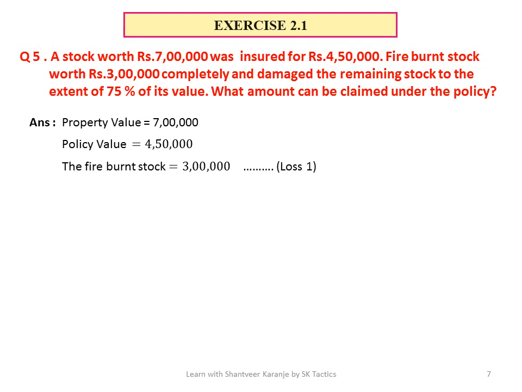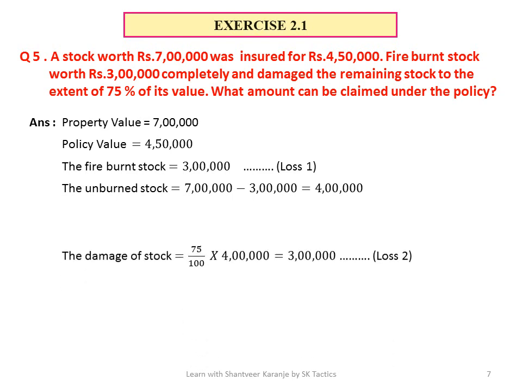We need to calculate loss number 2 also, and loss number 2 is nothing but 75% of the unburned stock. So we need to calculate the unburned stock first. The total stock worth rupees 7 lakh minus complete burned stock 3 lakh gives me unburned stock as 4 lakh. So 75% of this 4 lakh is nothing but loss 2.